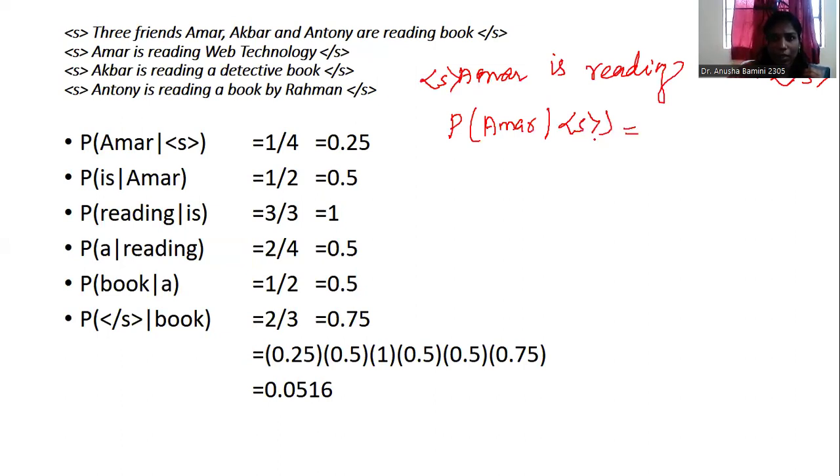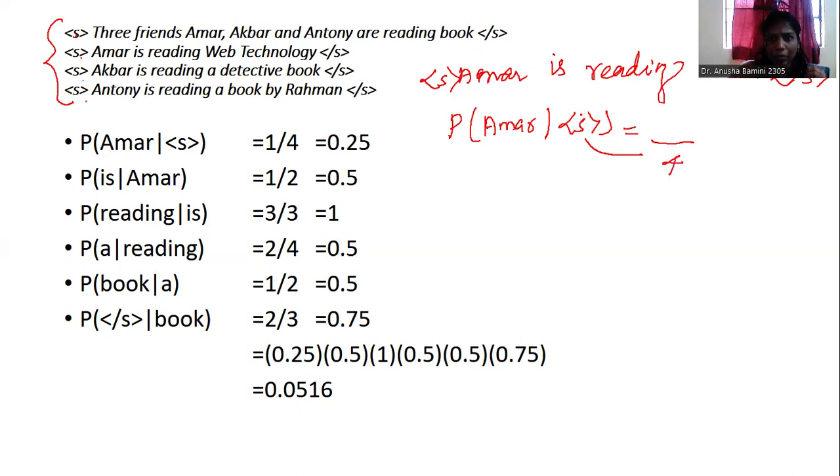So how will you calculate? The second would come in the denominator. So check how many times the starting string has occurred in the given training corpus. How many times has the starting string occurred? 1, 2, 3, 4. So 4 is the answer.